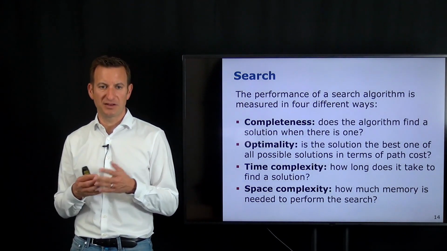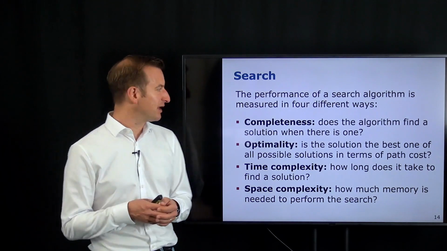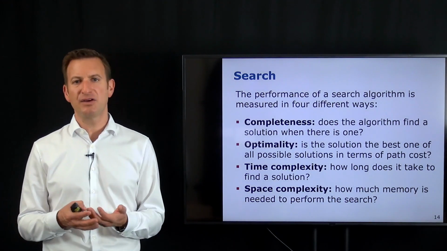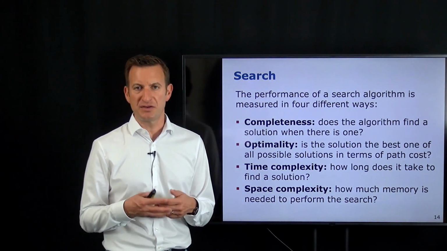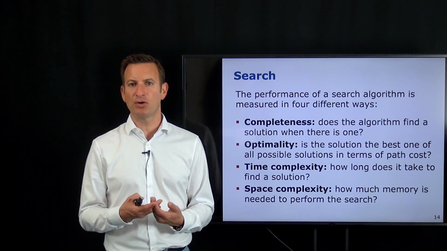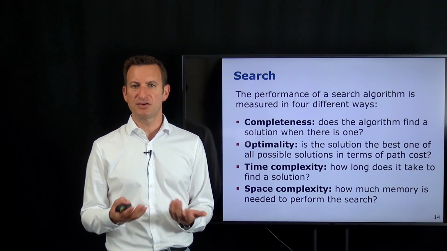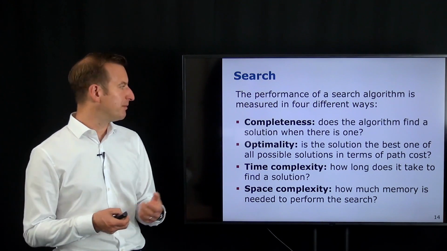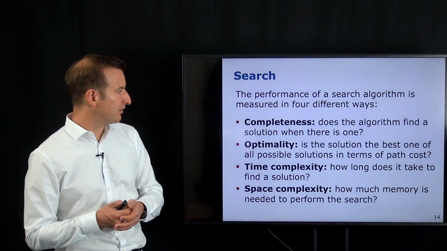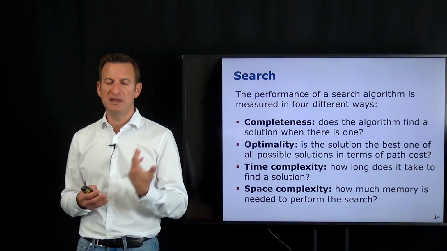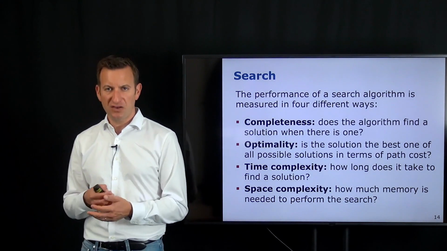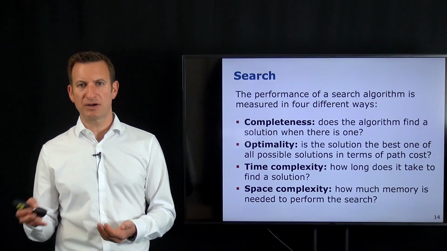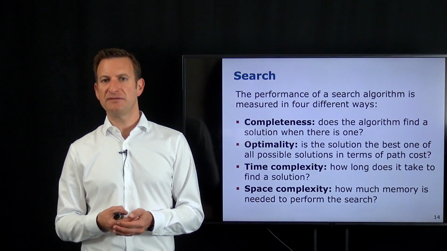There is a large number of different search algorithms out there, and they are evaluated under different properties. Different things may be important to us when we need to select the search algorithm for our robotic problem. For example, completeness is one of those things. Completeness basically means: if there exists a path from my initial configuration to my goal location, will the system actually find it?